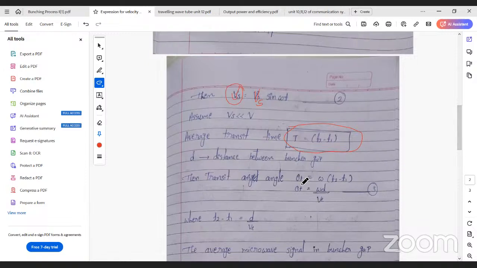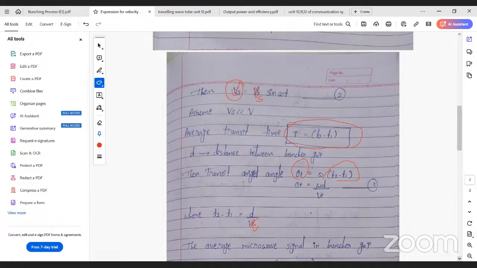From this, I am writing the transit angle theta. Theta equals omega times (T2 minus T1). This T2 minus T1 can also be represented as D by VE, where VE is the velocity of the electron.